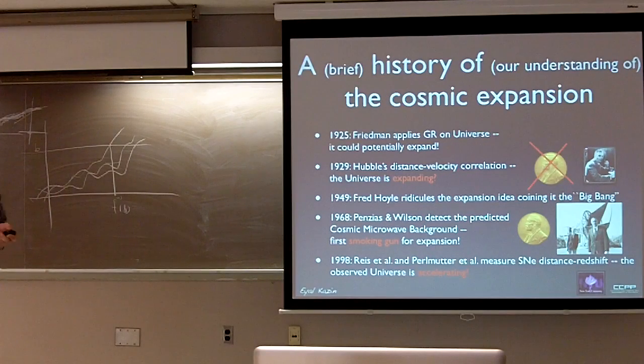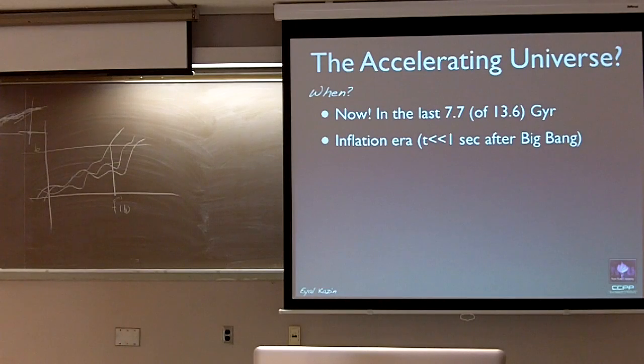And what threw everybody off is that in 1998, two independent research groups used relationships between distances and redshifts of exploding supernovae and realized that the universe is accelerating. That really threw everybody off, and various other measurements have confirmed their conclusions.